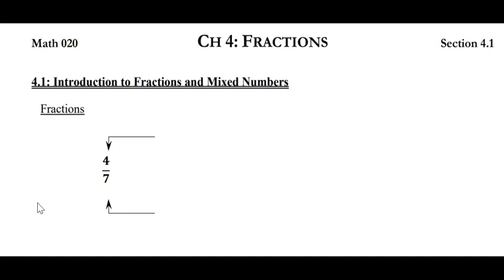In each fraction, you have two parts. The first one is the numerator, which is the top part of the fraction. As they're written, then you have the fraction bar, and then you have the denominator on the bottom.